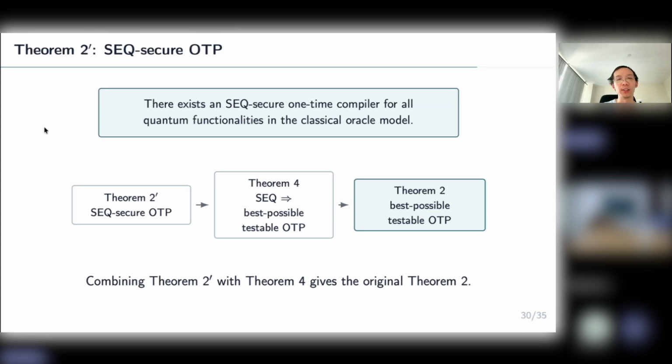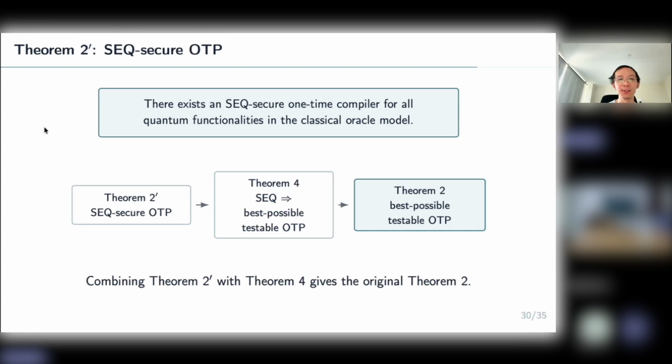Once you have this stronger theorem, in our paper we actually prove a stronger theorem than the original theorem 2 that I told you about, which is that we construct an SEQ secure one-time compiler for every quantum functionality in the classical oracle model.